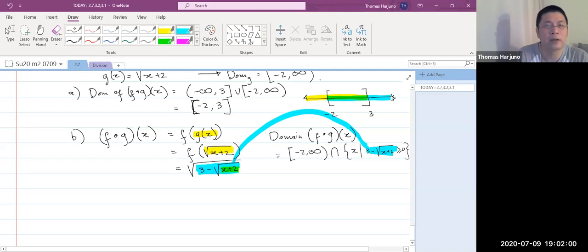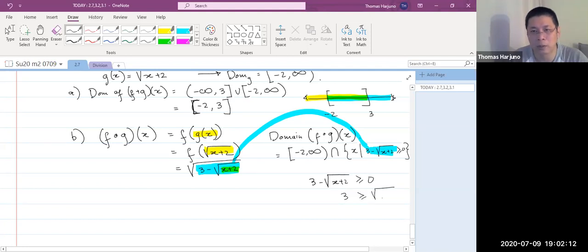Okay, now let's find that one. So this is 3 minus the square root of x plus 2 greater than or equal to 0. So 3 is greater than or equal to the square root of x plus 2. You square both sides, right? So 9 is greater than or equal to x plus 2.